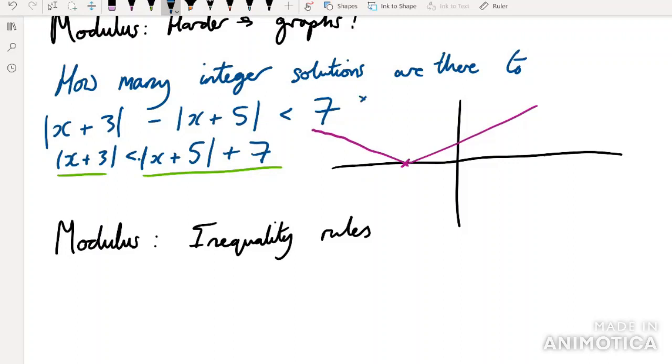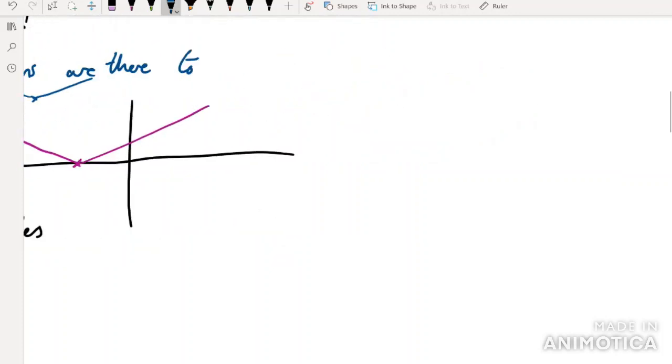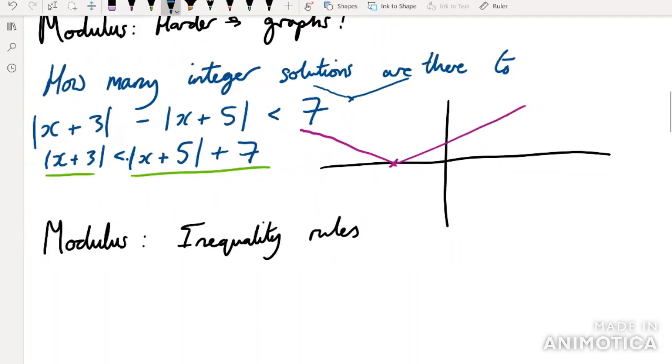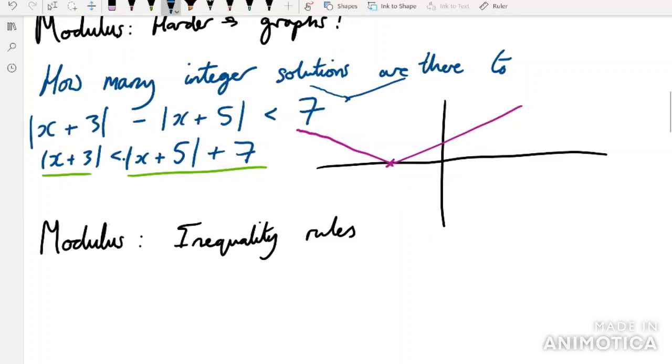It's going to be parallel to that and like that. So effectively, how many integer solutions are there to that being less than 7? Well, the answer is infinite, because our blue line is always above our purple line. So that's one example. But then let's say we got a slightly trickier one.